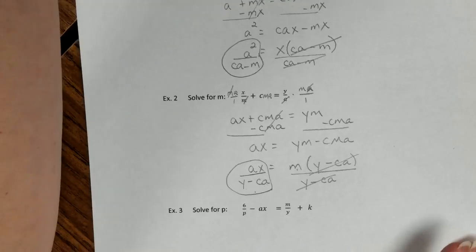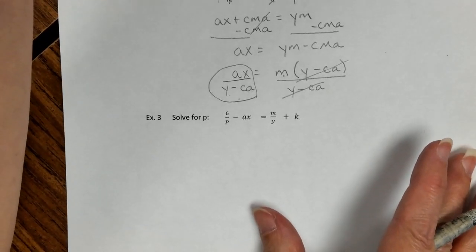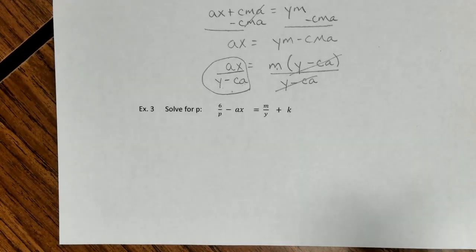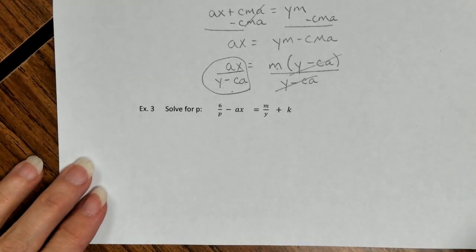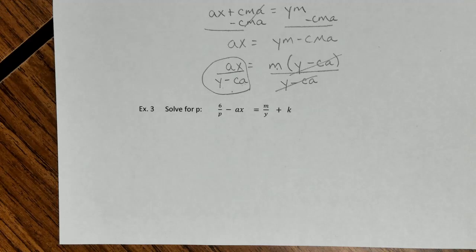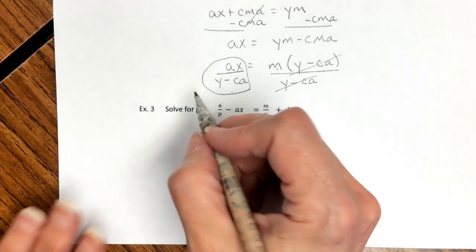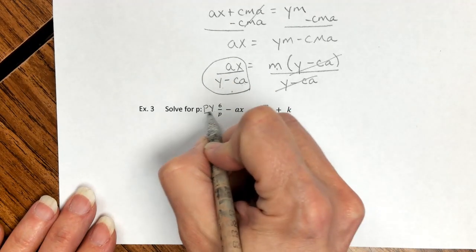And there's one more example, and then you can try some out on your own. Okay, so for this one, there are 4 terms this time, but it's still the same process. We look at the denominators. The LCM of those is py, so we multiply every term on both sides by py.